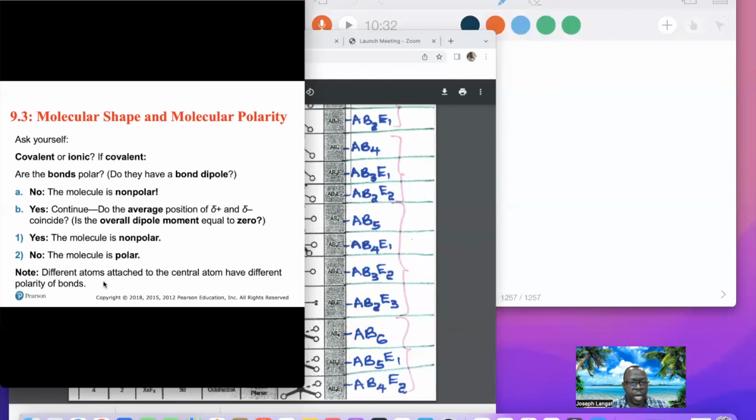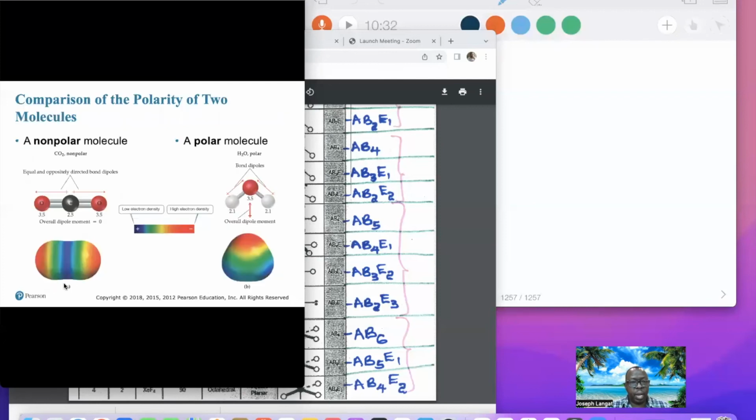If there are different atoms attached to the central atom, they have different bond polarity because of electronegativity. Why do we say carbon dioxide is non-polar? Because there is a net zero distribution of electrons in carbon dioxide.